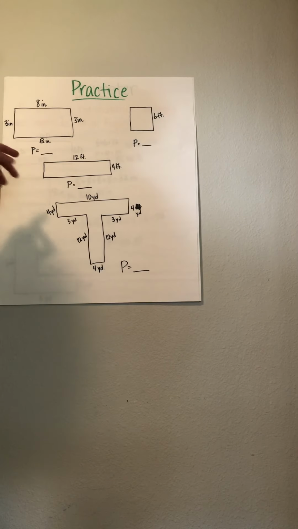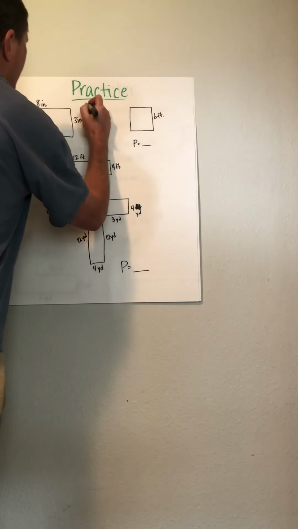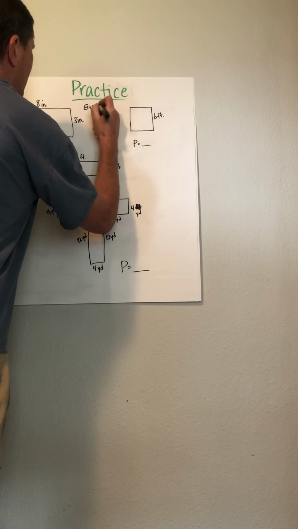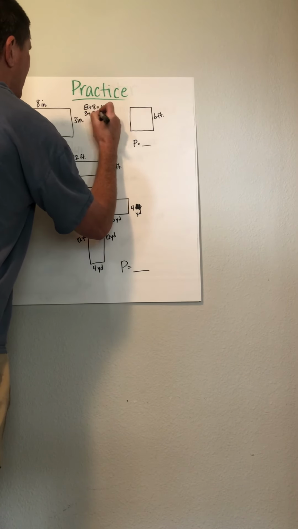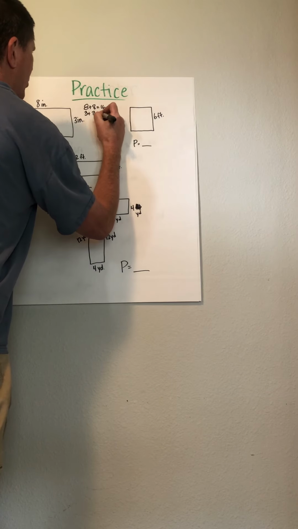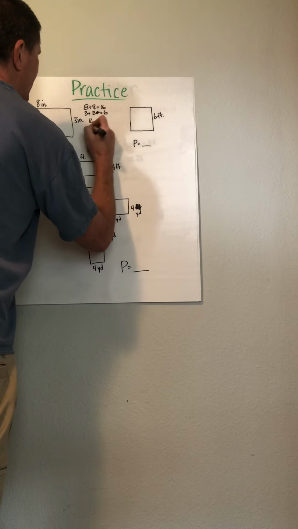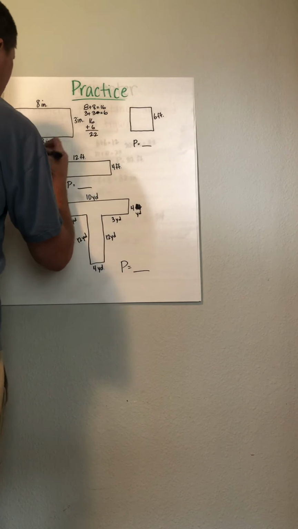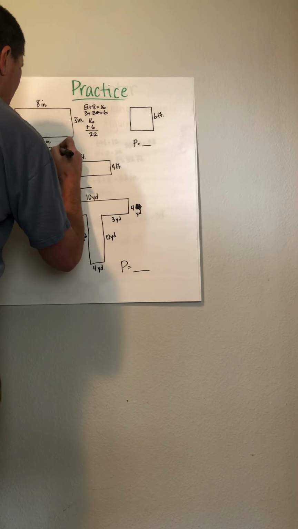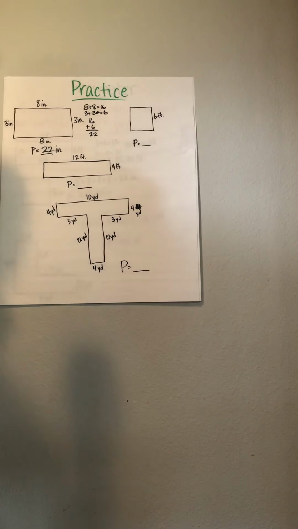So if you add them together, that would be 8 plus 8 equals 16. 3 plus 3 equals 6. 16 plus 6 equals 22. So the perimeter equals 22 inches.